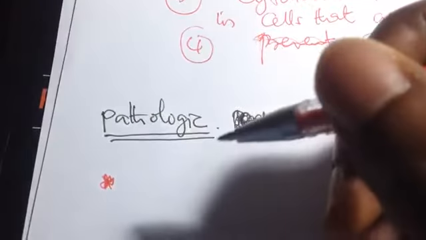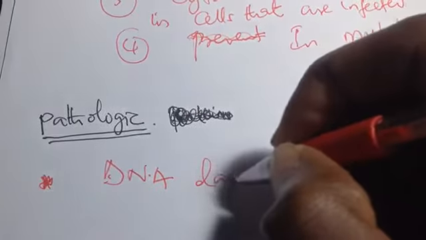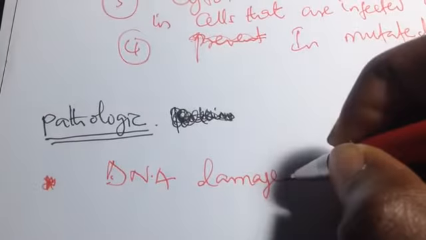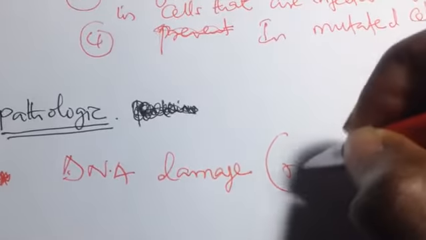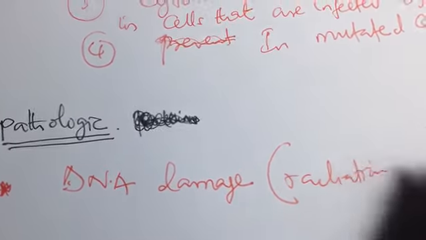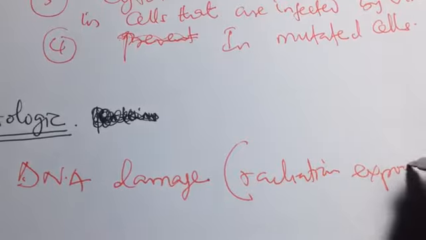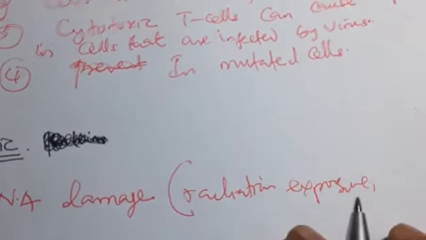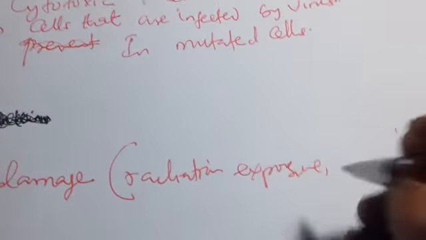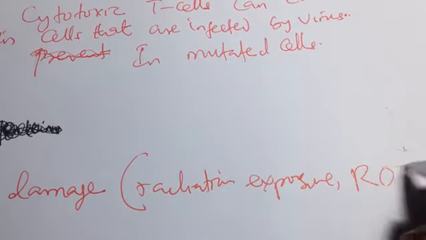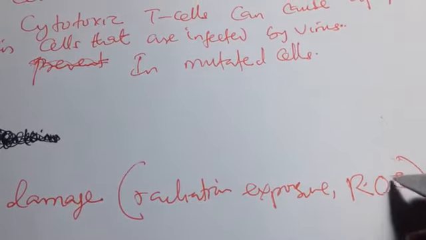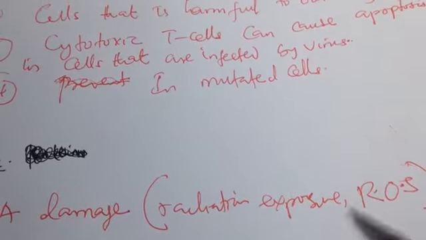So the pathologic kind is caused by a pathologic process. For example, if there is DNA damage due to any reason, for example, due to radiation exposure, and also, for example, after exposure to reactive oxygen species, because these are produced, for example, under infections.